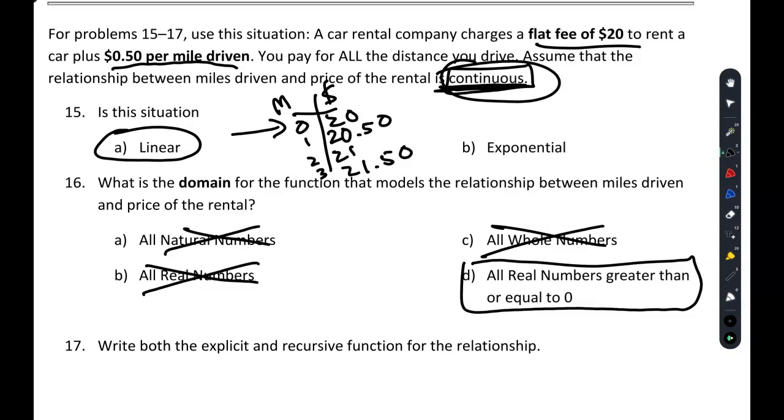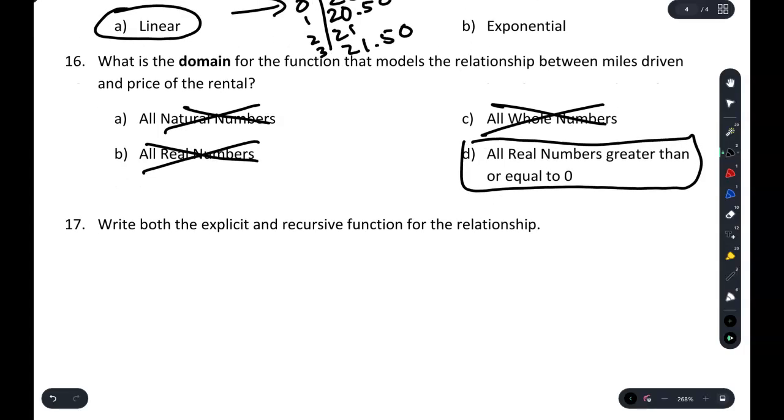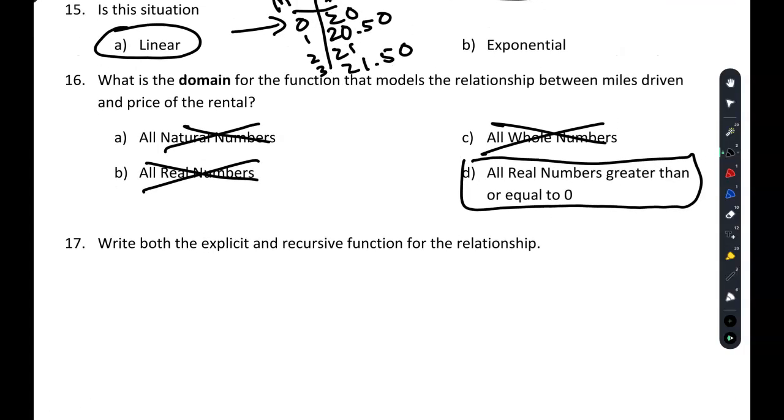All right. Next, we're going to take a look at writing both the explicit and recursive. So we're going to start with the recursive. The first term is $20, so f of 1 is equal to $20. Since they said continuous, I'm going to use x instead of n here.